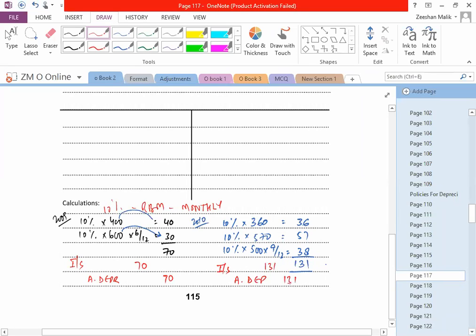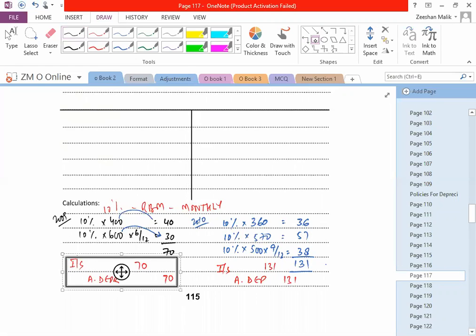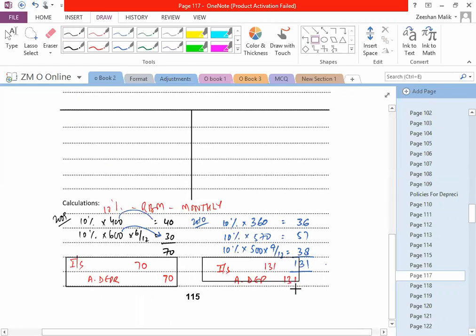It will remain same. Every year we need to pass the same entry. Income statement debit, accumulated depreciation credit. Is that agreed to everyone?